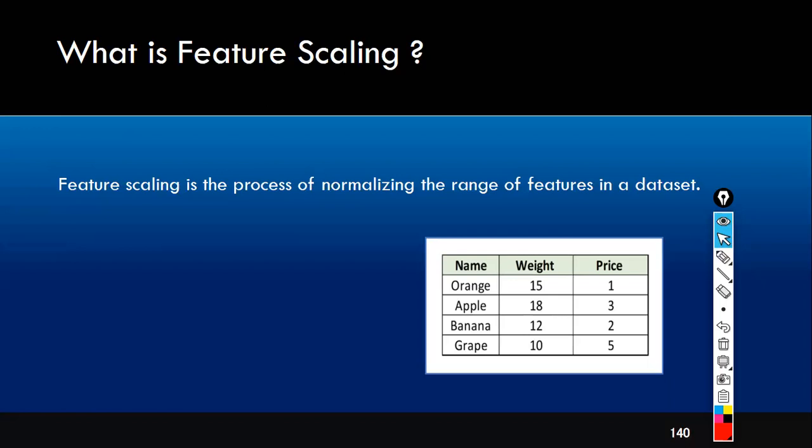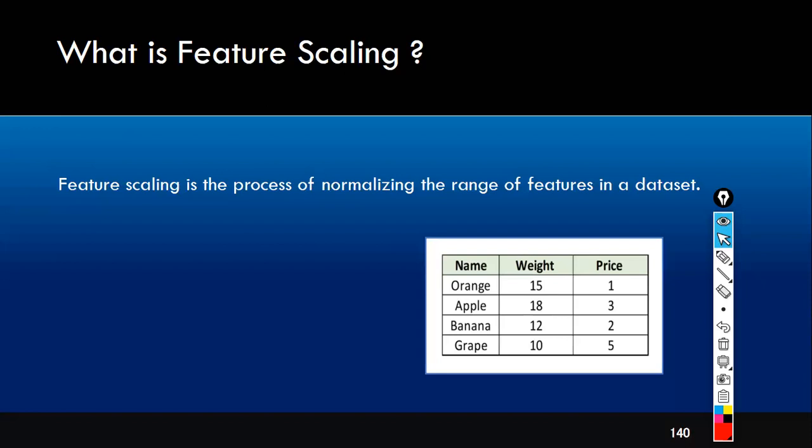The algorithm will assume that weight is more important than price, because the magnitude of the variable weight is more than price. To address this bias, we convert all variables with different units of measure into a common scale.